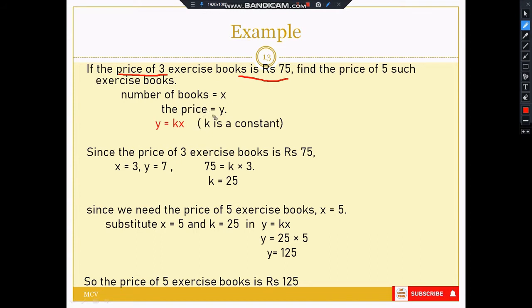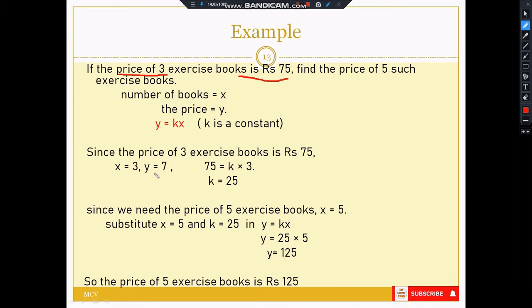The price we can take as y. We have to use the y equal kx equation. When we see the first part of the statement, what is the value of y? Price is 75. We got price as y.